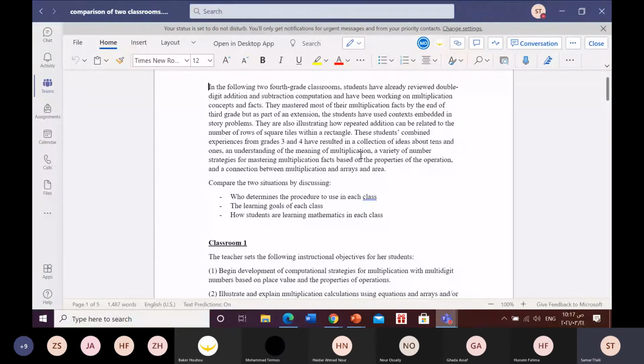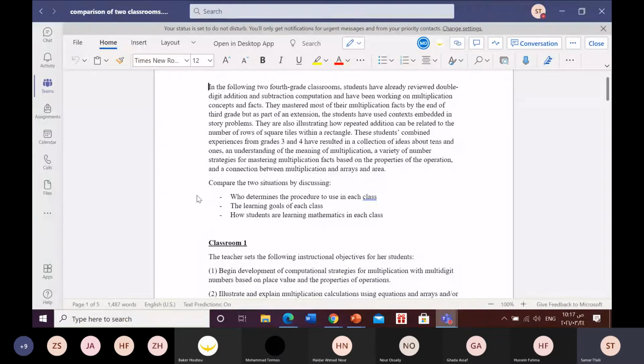These students' combined experiences from grade 3 and grade 4 have resulted in a collection of ideas about tens and ones, an understanding of the meaning of multiplication, a variety of number strategies for mastering multiplication facts based on the properties of the operations, and a connection between multiplication and arrays and area.